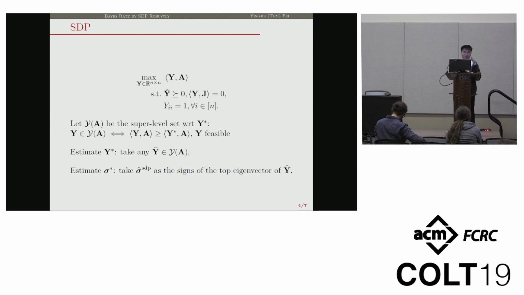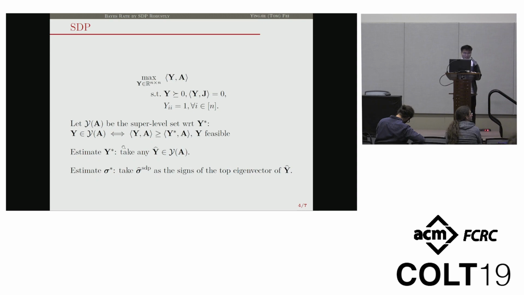The constraints in this semi-definite program are that Y is positive semi-definite, meaning that it is symmetric and all its eigenvalues are non-negative; Y inner product with J equals 0, where J is the matrix with all entries being 1, which simply means the summation of all the entries of Y is 0; and we also require the diagonal of Y to be 1 always.